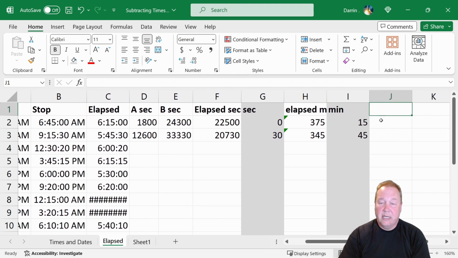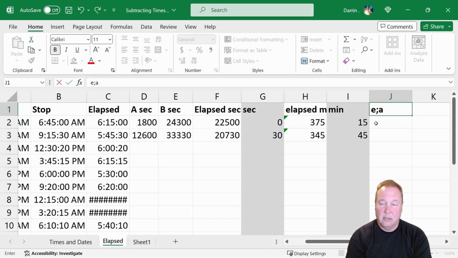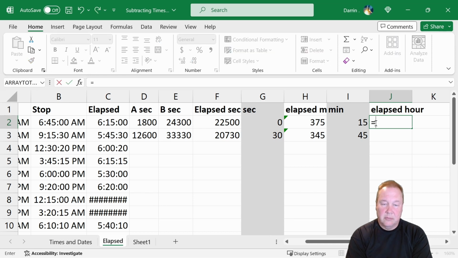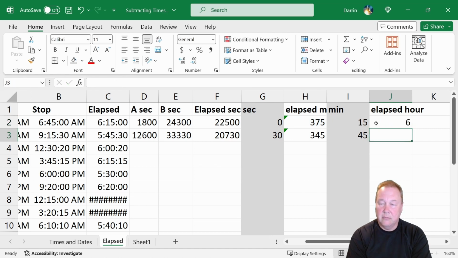The same formula again, really. In this case is elapsed hours, which is equals H2 minus I2, which gives me the minutes that are in whole hours, and we'll divide that by 60.